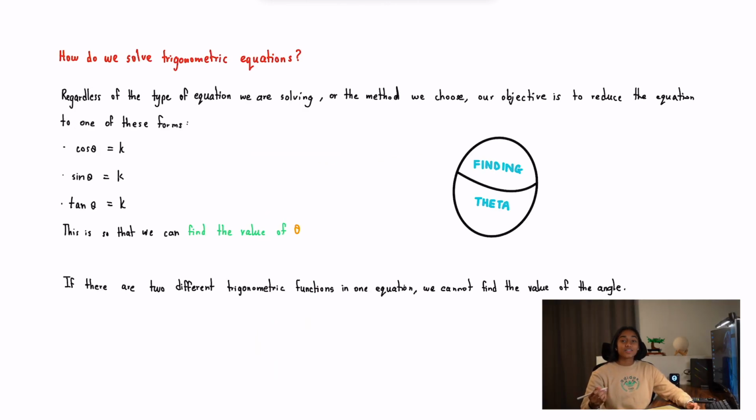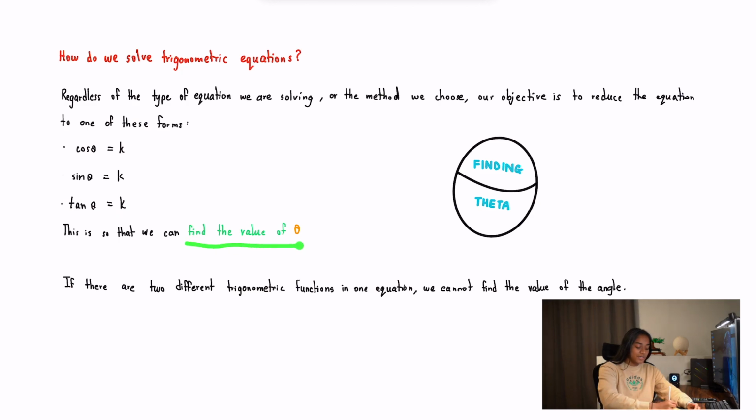Now that we have a solid understanding of the fundamentals, we're going to move on into how to actually solve the equations. Regardless of the type of equation that we are solving or the method that we choose, we have one objective, and that is to reduce the equation into one of the 3 forms. The 3 forms are as such: cos theta is equal to k, sine theta is equal to k, and tan theta is equal to k.